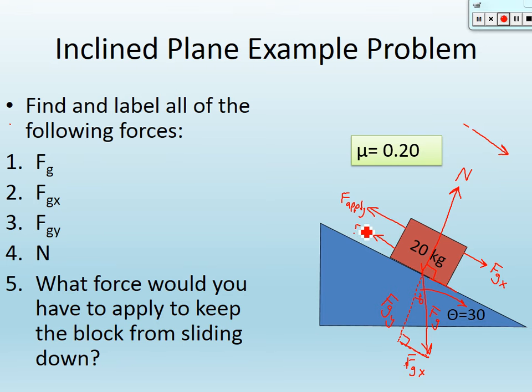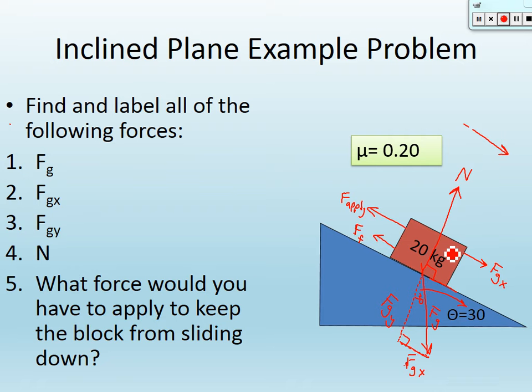Friction always opposes motion, so I'm going to put force of friction going up. Does that make sense? Because we're not moving the block up, we're just holding it there so that it doesn't fall down. It's falling down because of force of gravity in the x. It wants to move down, so friction is going to point up in this case.